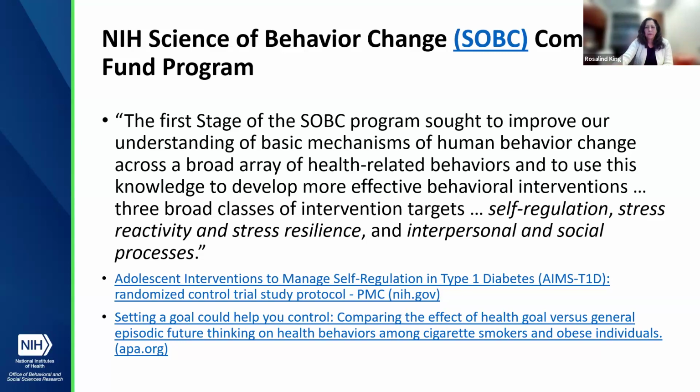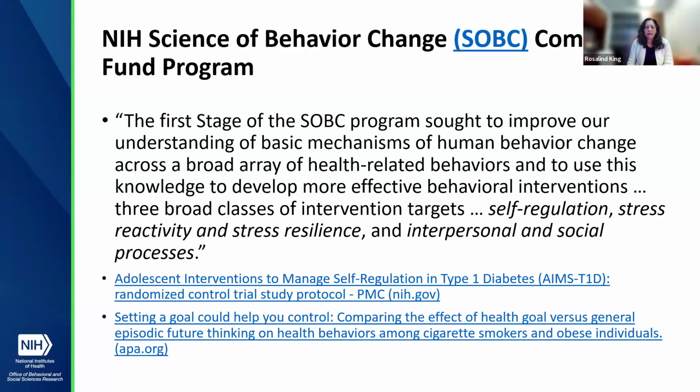So this project used behavioral interventions to improve self-regulation in this population as a novel method to improve treatment regimen adherence. The second SOBC project listed looked at episodic future thinking, or EFT, as a way to reduce delayed discounting, which is the psychological preference for smaller, immediate rewards and associated maladaptive behaviors.